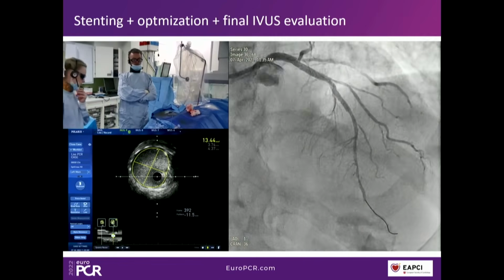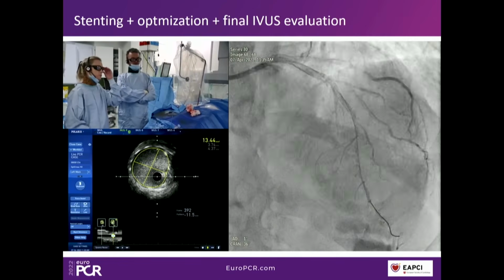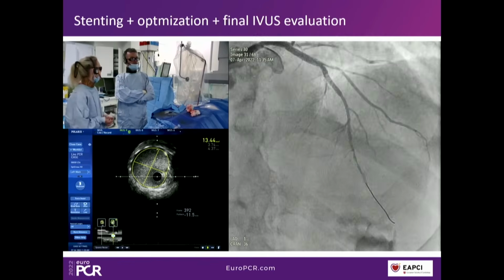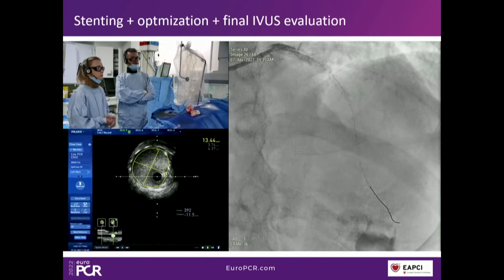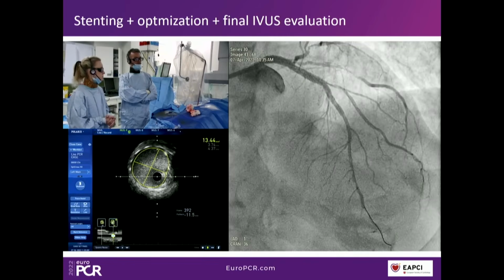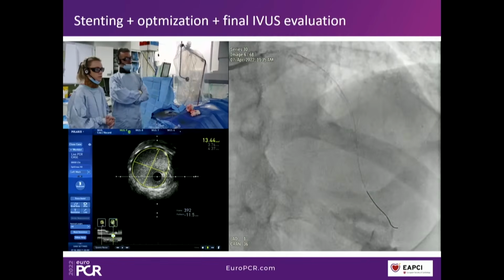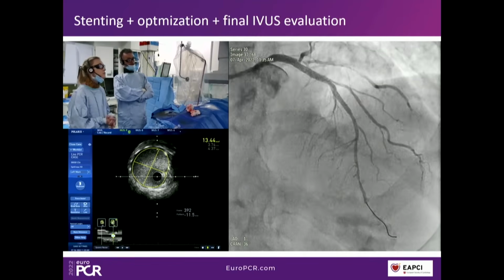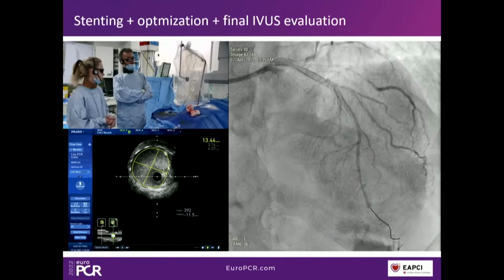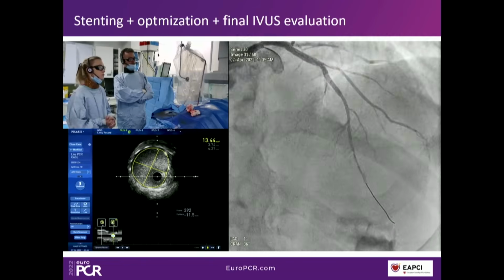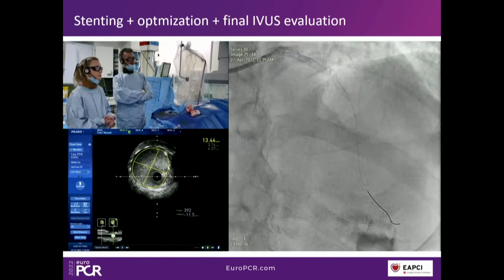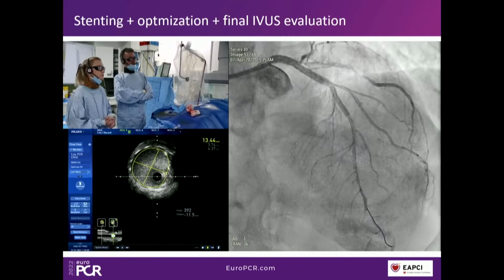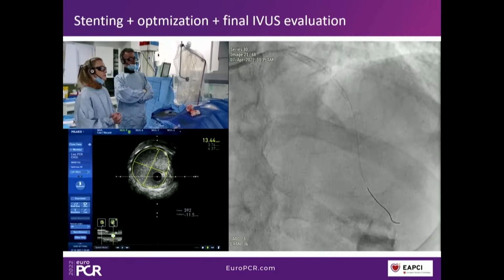Okay, in summary, a gentleman who was turned down for surgical revascularization, complex left main procedure involving 2 bifurcations and a lot of distal disease, 2 stents from mid-LAD back to left main, recrossed into first diagonal branch using a dual lumen catheter, drug-eluting balloon, kissing balloon to the LAD D1.